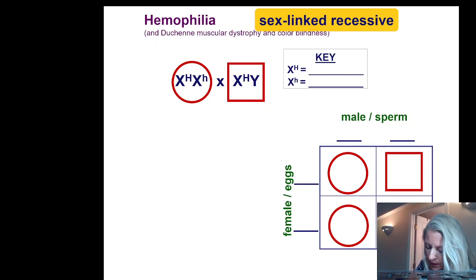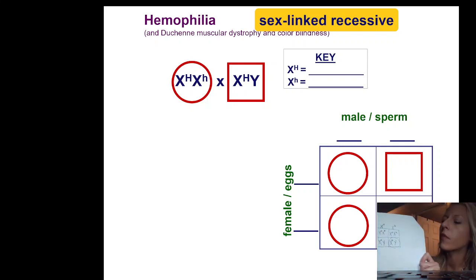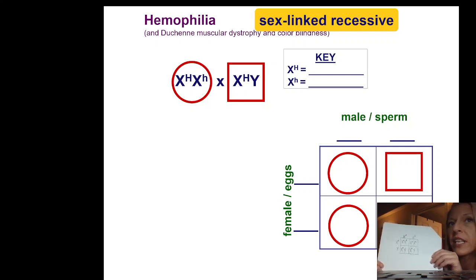We have an X big H X big H, an X big H X little h, an X big H Y, and then an X little h Y. What ends up happening is that we end up with one affected male, because our female was a carrier and she happened to give him that particular X chromosome.